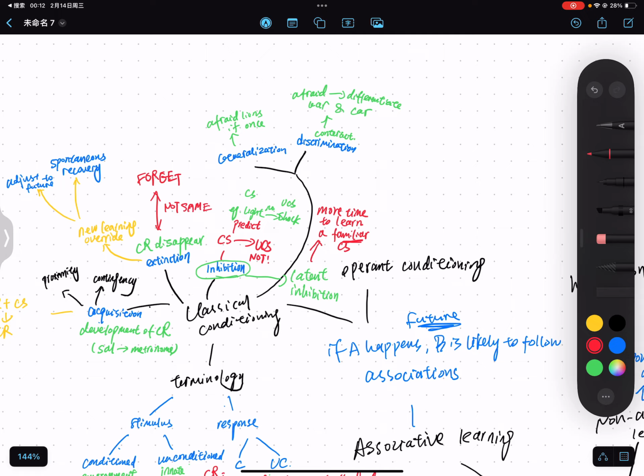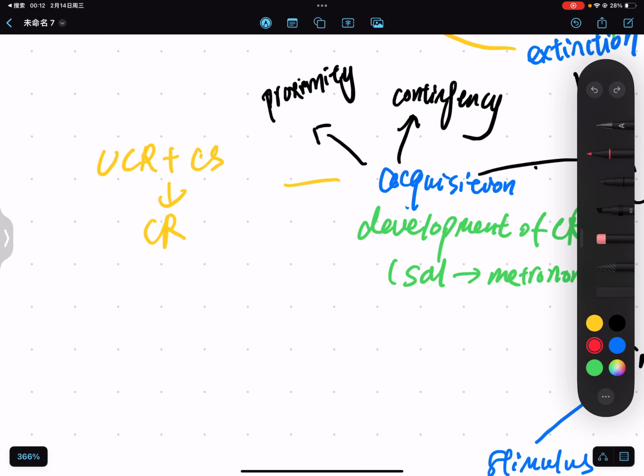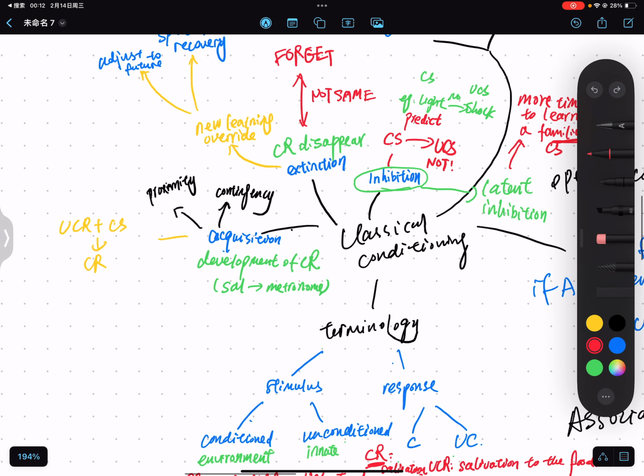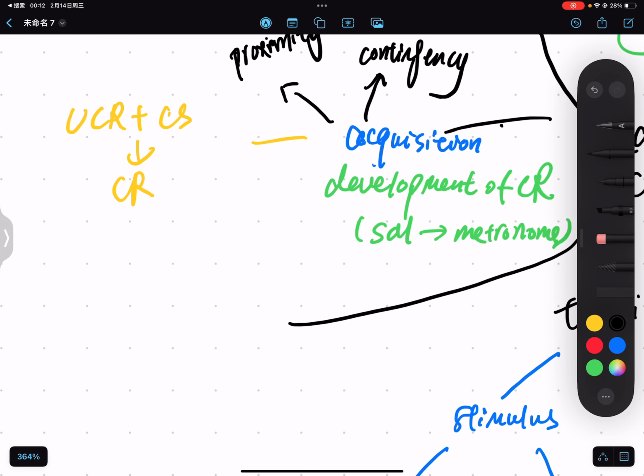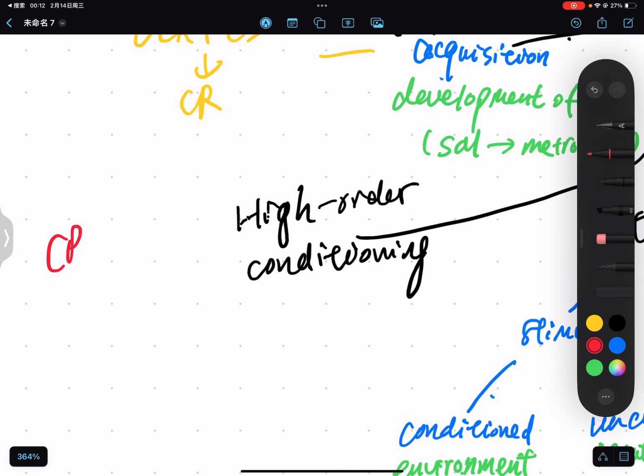And the last concept is higher order conditioning. So for higher order conditioning, CR can occur in response to stimuli that predict CS. So CR predicts CS. This is higher order conditioning.